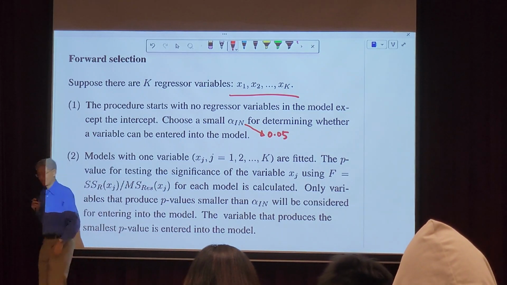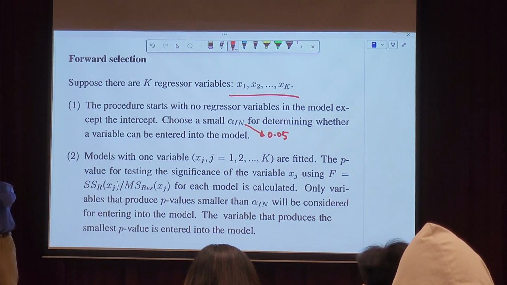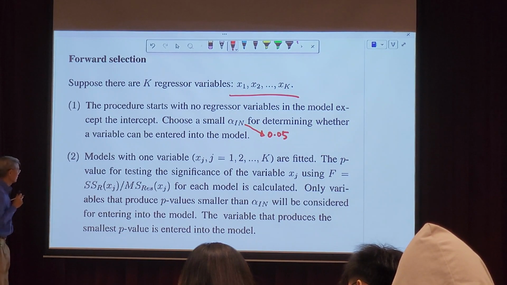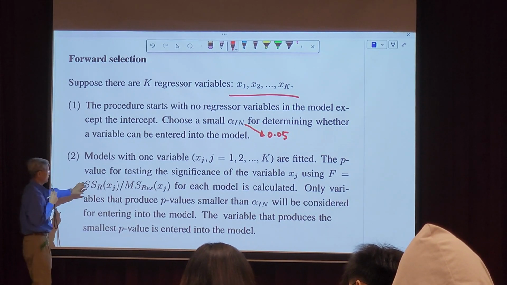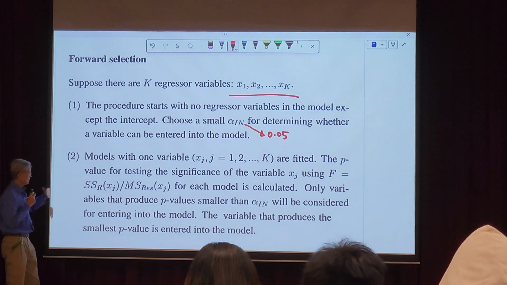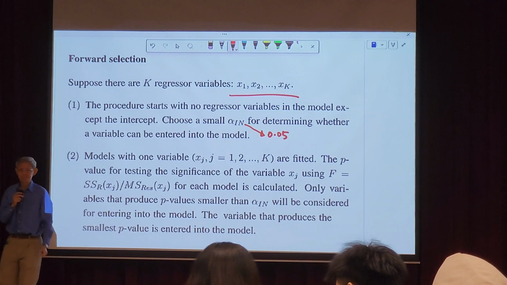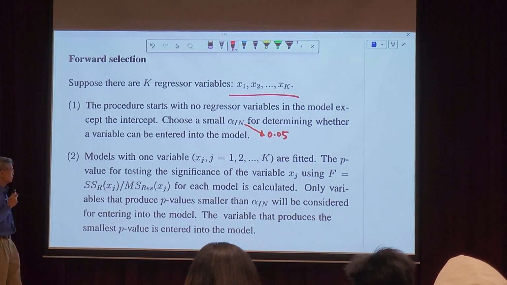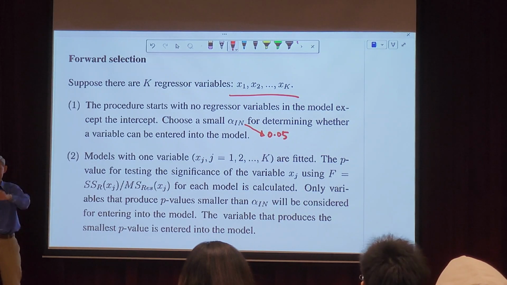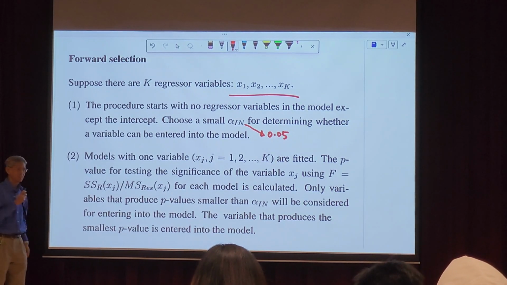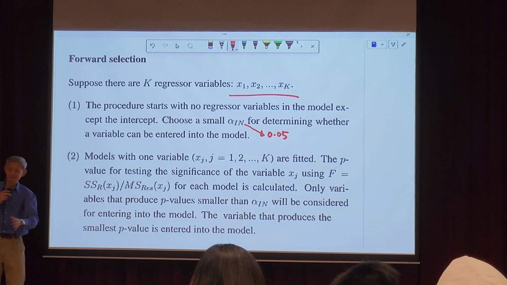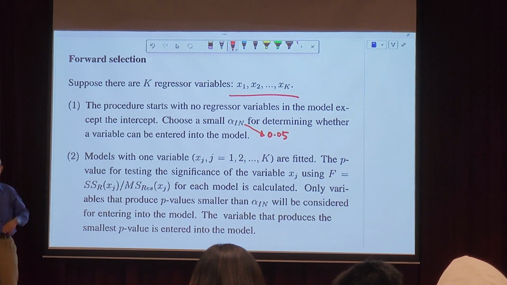I can either use the t-test or the f-test. Let's say I use the f-test. I can calculate the p-value for each of these models. So, of course, all the p-values are different. Some are insignificant with large p-value. Some are significant with small p-value.